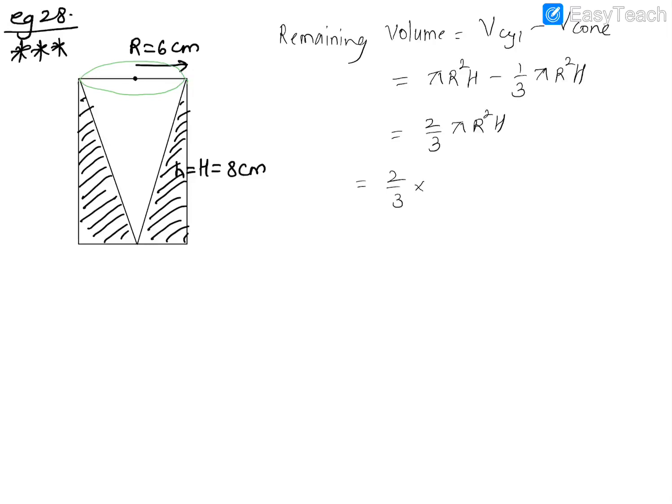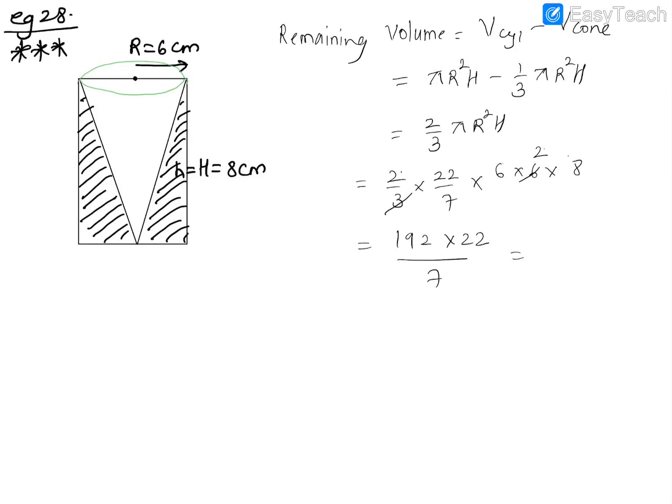Now we'll start substituting. So 2/3 pi, which is given as not given, so 22/7. Radius is given as 6 into 6 into height 8. So now 3 ones are, 3 twos are, and then 8. 8 twos are 16, 6 are 96, 96 twos are 192 into 22/7.